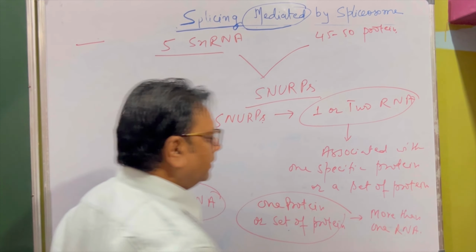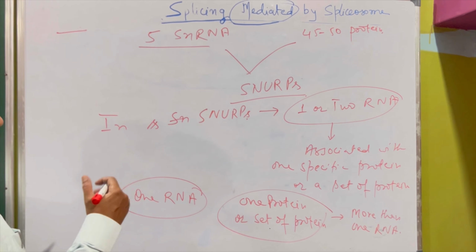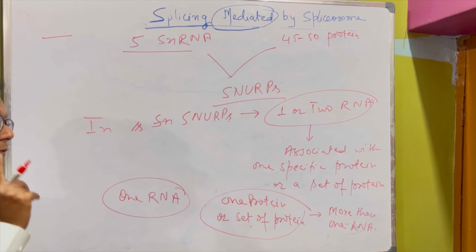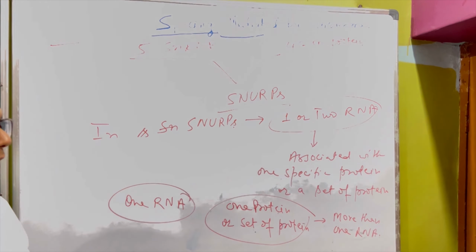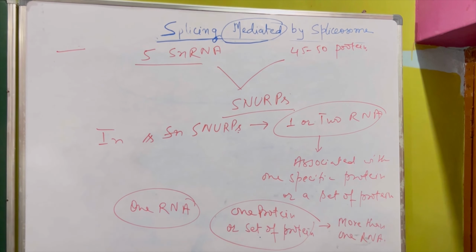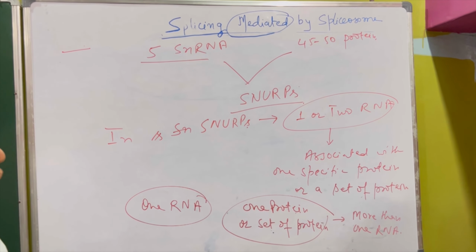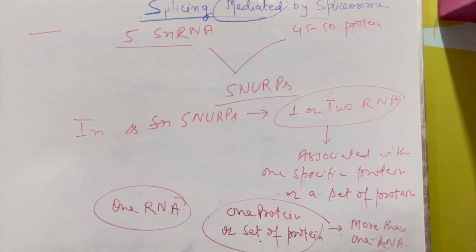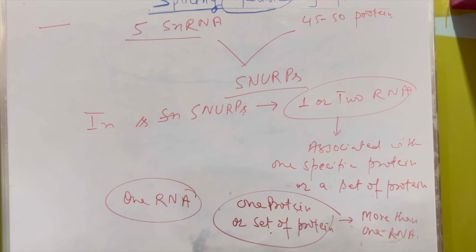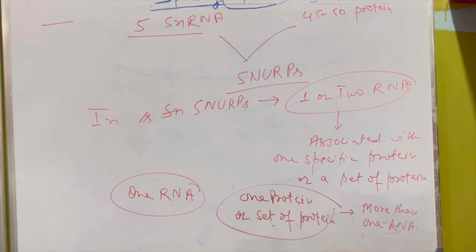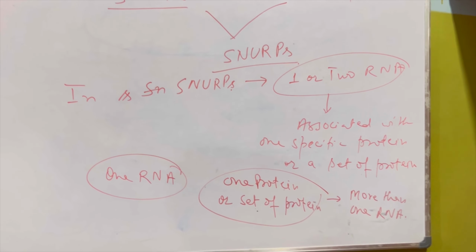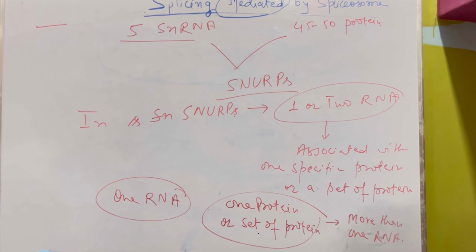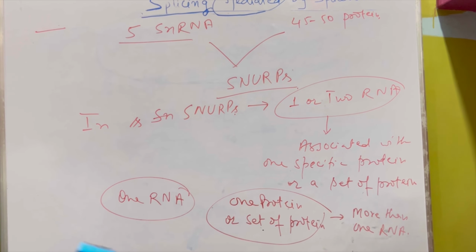So you have one or two RNA that can be associated with one specific protein or a set. Again, two or more RNA can have the same set of proteins. That's the point I want to make specific to you. Some proteins can be common to all, and some proteins can occur in only one RNA. So all the things are open.